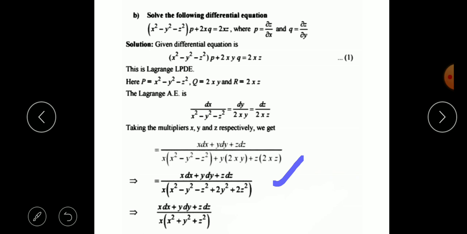So after simplifying, this term is equal to x dx plus y dy plus z dz upon x into x square plus y square plus z square.